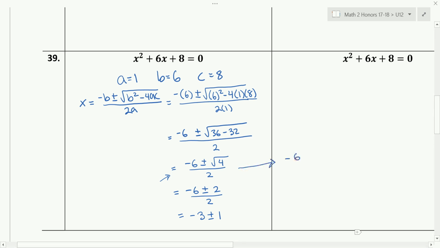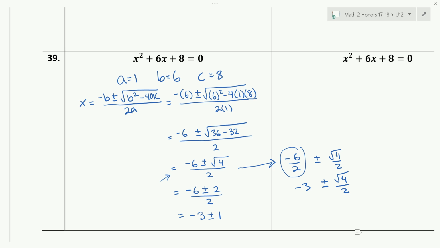You can say negative 6 over 2 plus or minus square root of 4 over 2. And so you could see when you split it up that both of them have to be divided by 2. So you go ahead and make that negative 3, but make sure the square root of 4 stays underneath the 2. Where people make mistakes is if they don't divide that square root of 4 by 2.